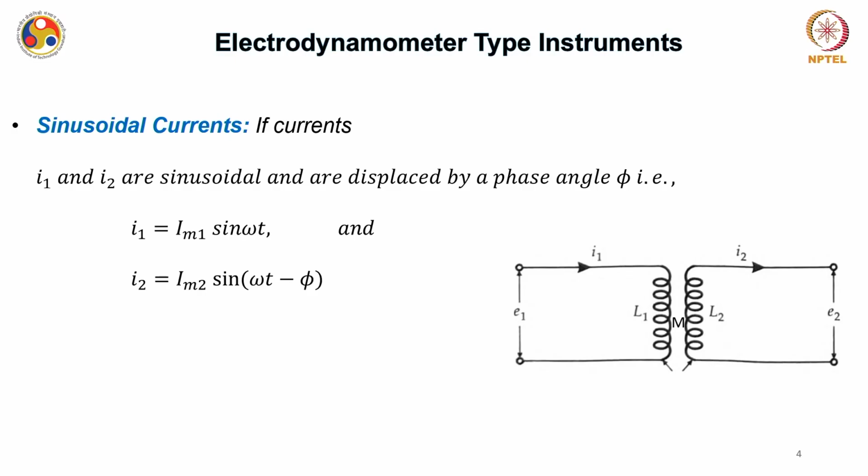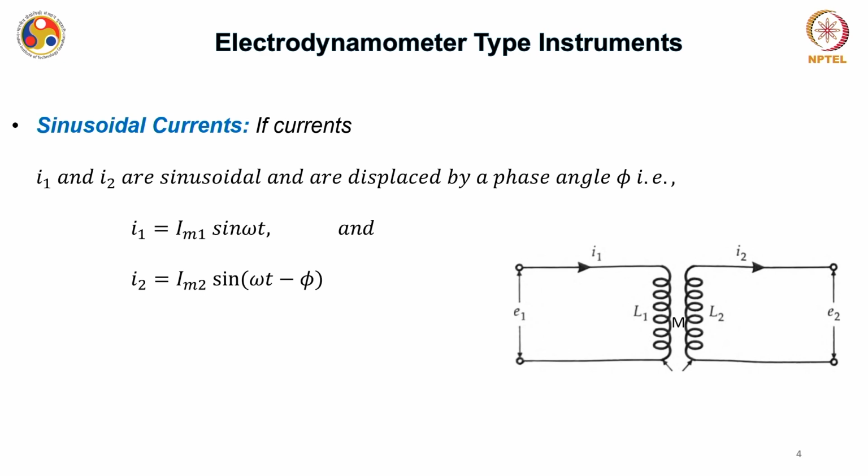Let us see this in a more practical way, by visualizing this AC signal as a sinusoidal current. Say the currents I1 and I2 are sinusoidal and displaced by phase angle phi.